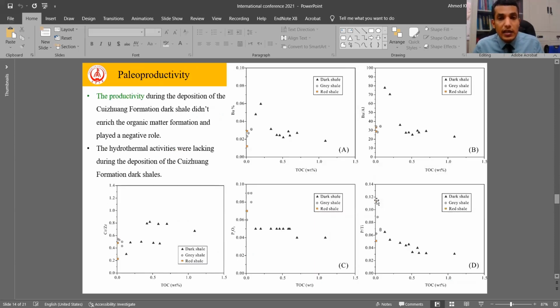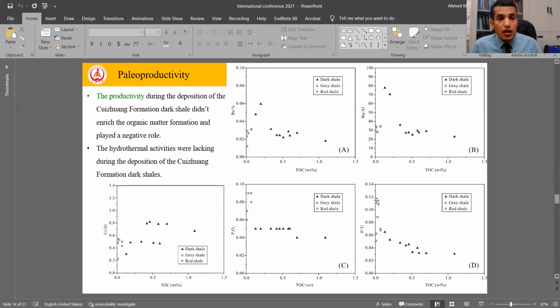So we used some correlations with TOC, and there is a negative correlation with TOC, and this gives us an idea that the productivity was low during the deposition of the Yuncheng Formation source rock and led to the low TOC content.